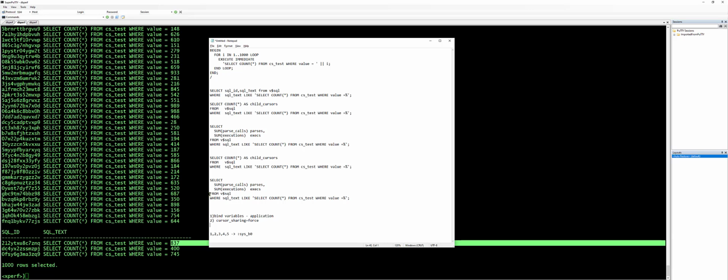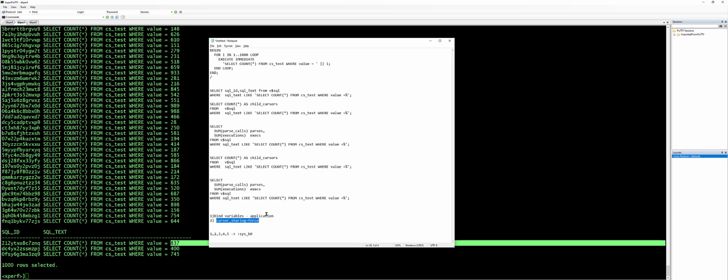Whenever you are seeing multiple SQL statements with the same SQL text, but only the value after the equality predicate is different, then you need to think about using cursor sharing. We always need to think twice before we apply this parameter, because it can be set at the session level or system level.